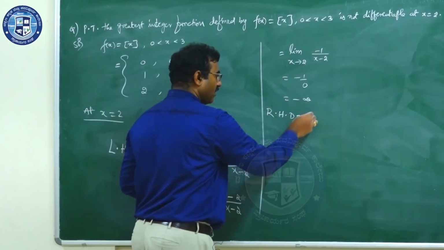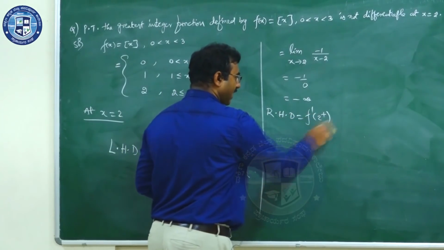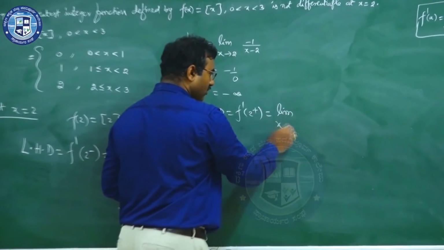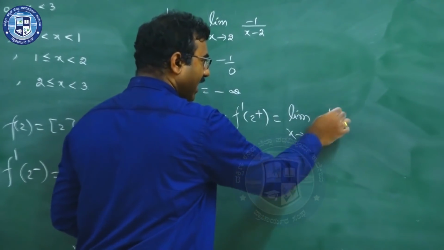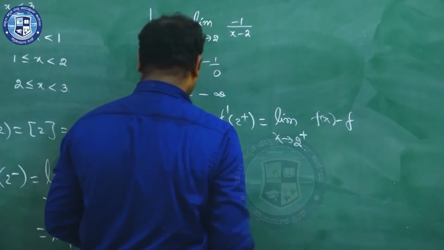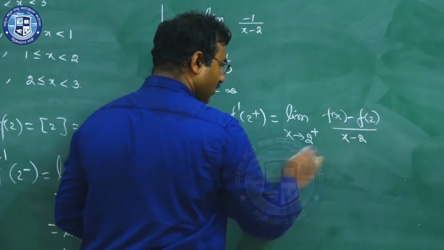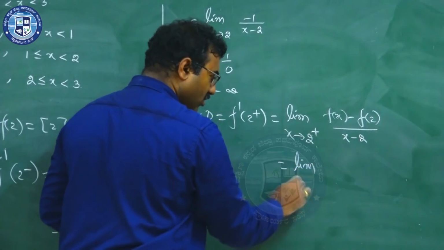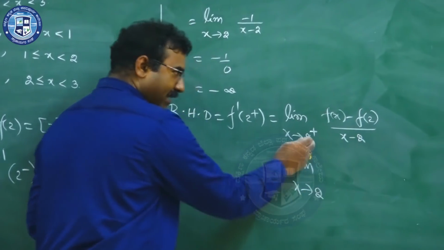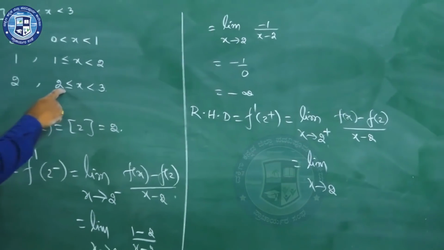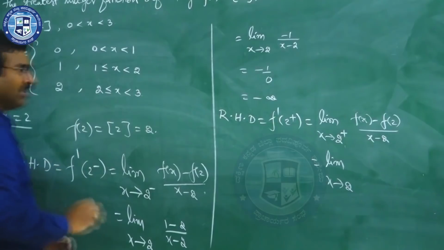If you go for right hand derivative, RHD, f dash of 2 plus, which is equal to limit x tends to 2 plus, f(x) minus f of 2 divided by x minus 2. So limit x tends to 2 plus, that means x is approaching 2 from the right side. At that time x value will be more than 2, you have to take the function 2 here.